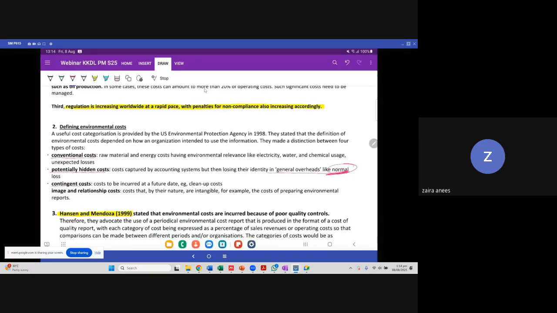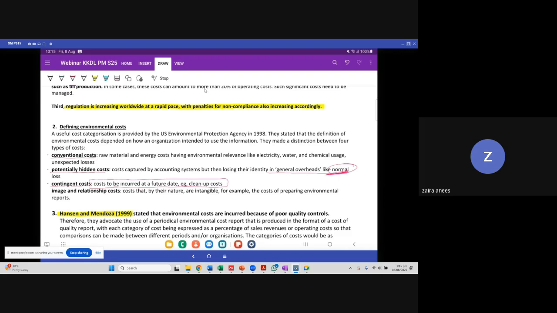Contingent cost is the future cost. For example, if there is an oil drilling company which drills and takes out the oil, explores the oil, and we know that after 5 years of life, probably we have to clean this area, do some plantation, and correct the damage which we did to the environment.